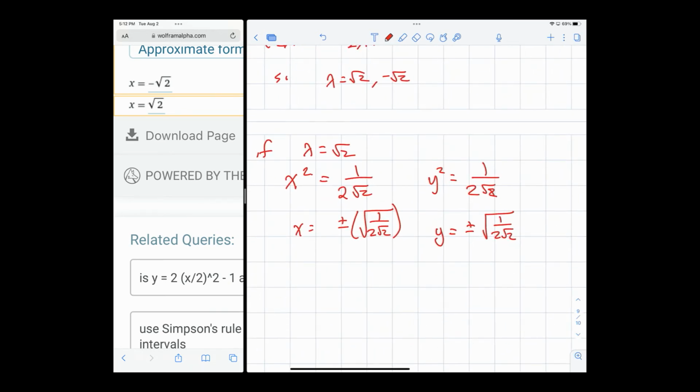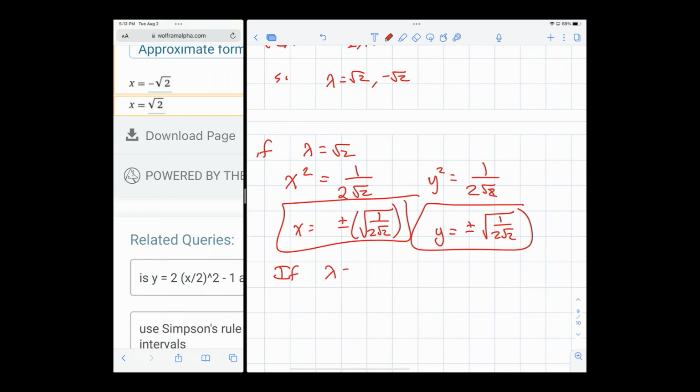All right? Now, if lambda is negative square root 2, then when you try to do the same thing, you get x squared is 1 over 2 times lambda, but that has no solution, because this is a negative number, and a square cannot be a negative.